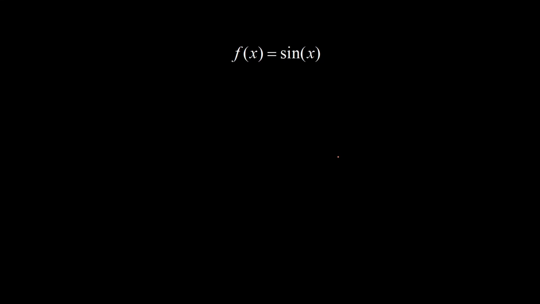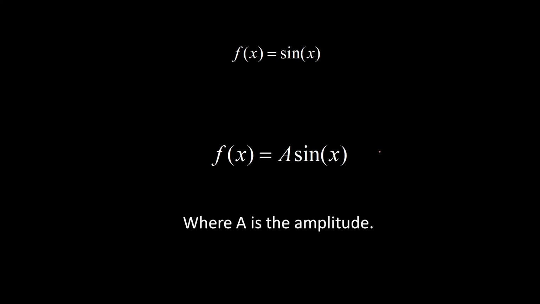So let's take a look at just sine, all by itself here, regular old sine, like you're probably used to seeing it if you've seen it a lot before. And what we're going to do now is look at what happens if there's a number before the sine. That number before the sine is the amplitude.